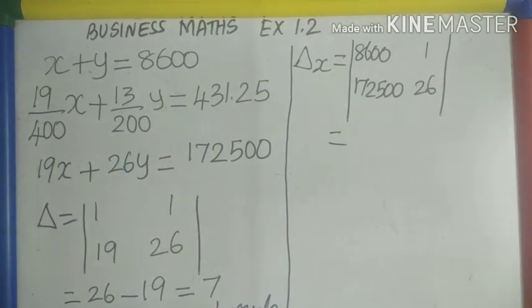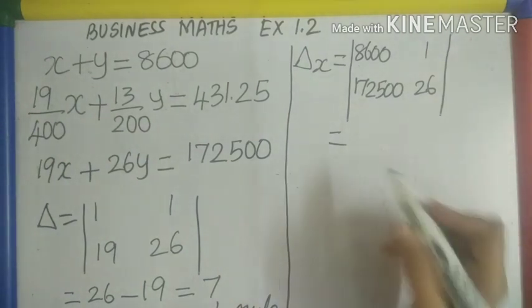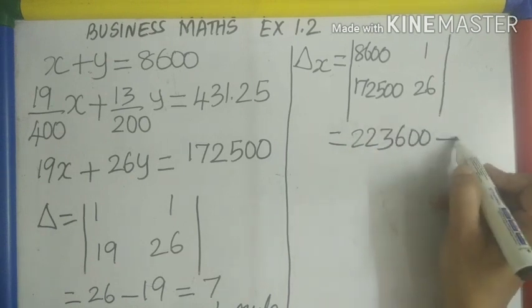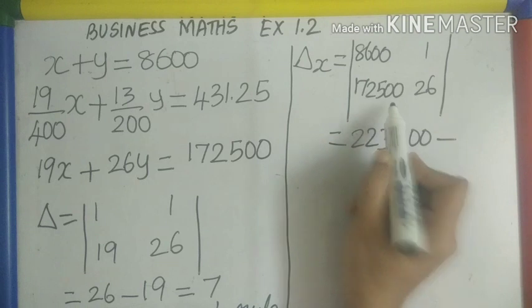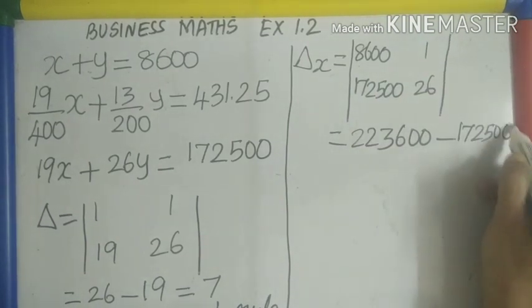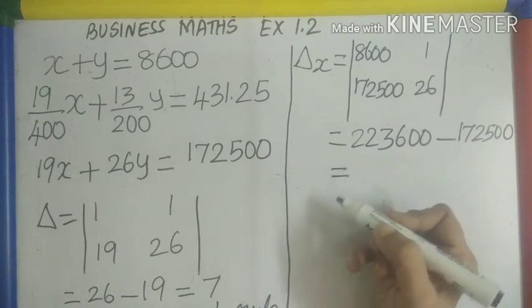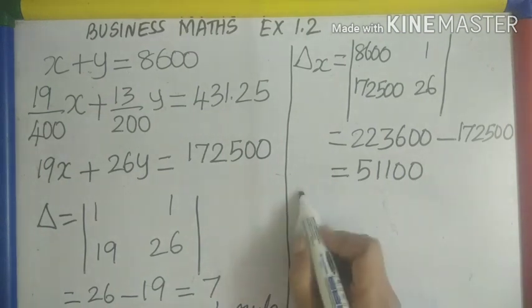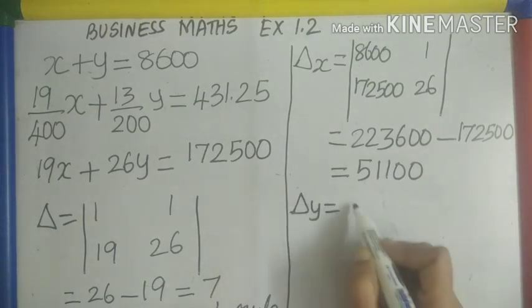Now let us multiply 8,600 into 26 gives you 223,600 minus 172500 into 1. Into 1 means I write as it is. As I subtract, we get 51100.